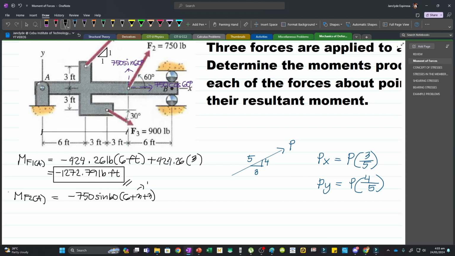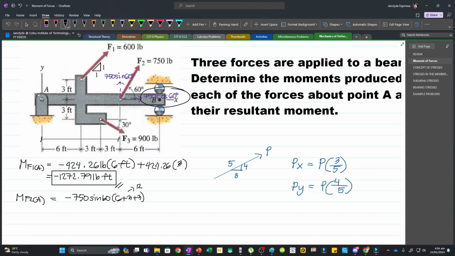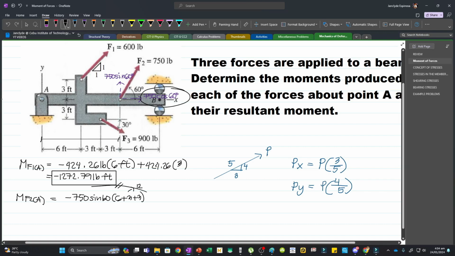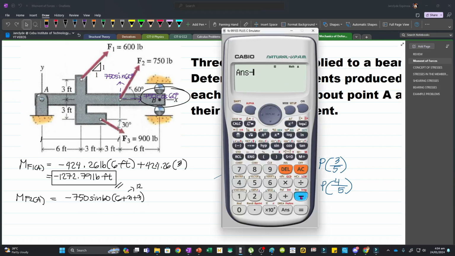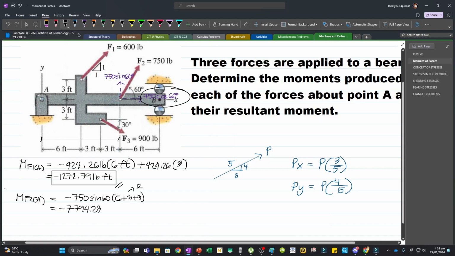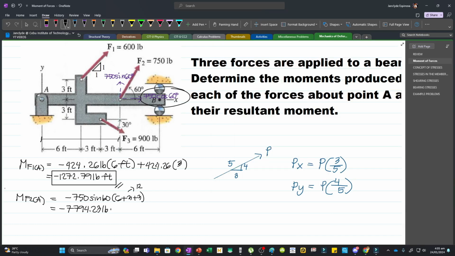So that would be 12 feet. Or you can just write it as this one. And then the horizontal component of F2 would actually not cause a rotation about A because its line of action directly hits point A. And so this is our only moment. So we have negative 750 sine 60 multiplied by 12. So we have negative 7794.23, and our unit is lb times feet.